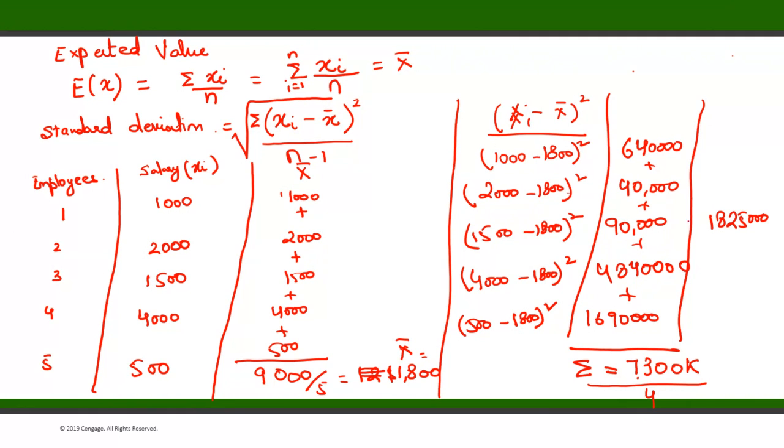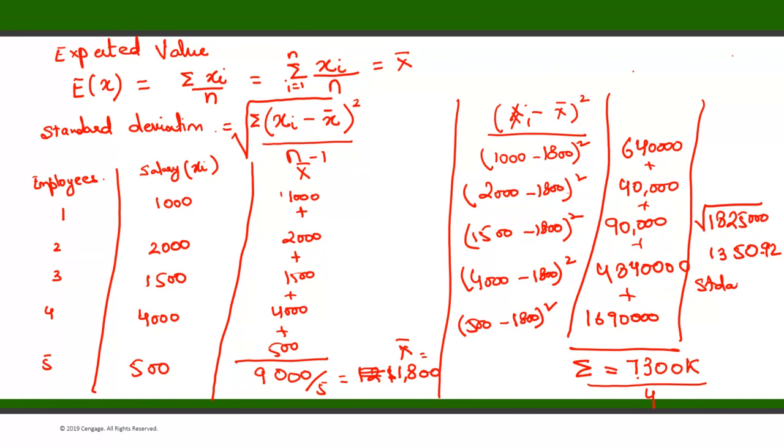And next I'll take a square root of it, and it comes out to be 1350.92. All right, so we got standard deviation.